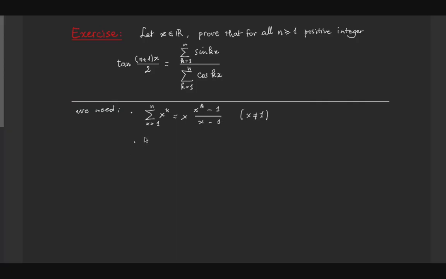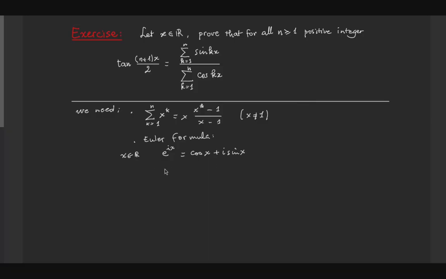Another thing is the Euler formula. So e to the ix, for x of course a real number, is equal to cosine x plus i sine x.